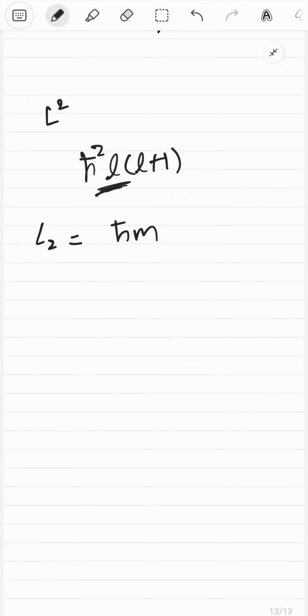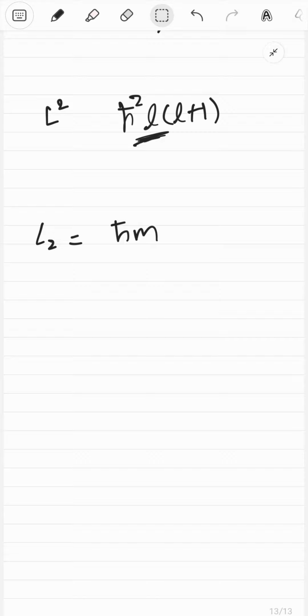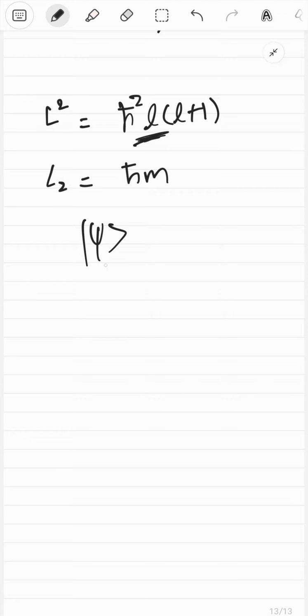So now what I'm going to do is extend this into the spin angular momentum. This is still dealing with the position wave function psi, right? Next, we are going to deal with the spin wave function, which I still don't know how to wrap my head around.